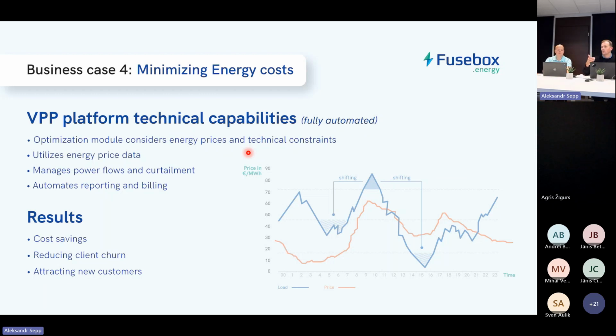Do they need an extra upgrade, or can you minimize your energy costs with our system? And of course, as with the previous business case, it can be offered to your clients.